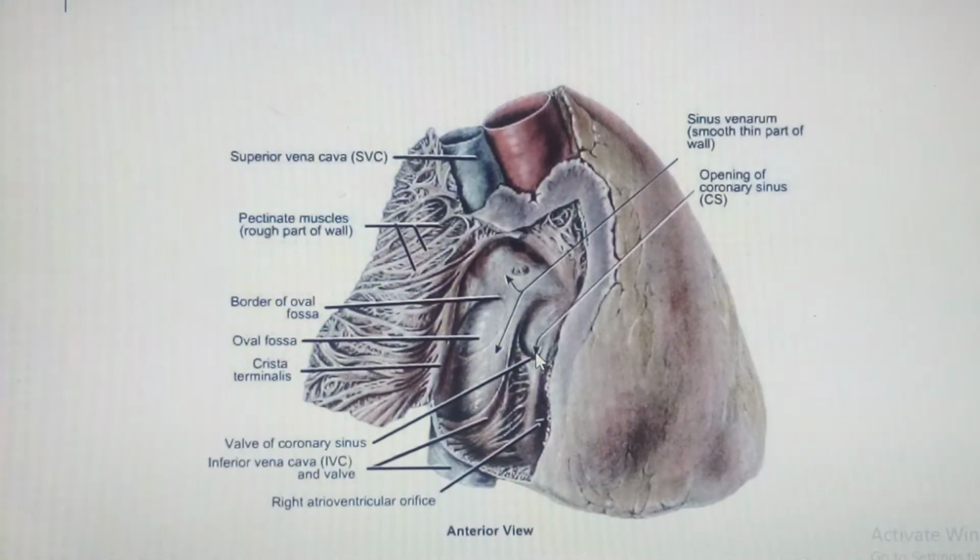You can see the opening of the coronary sinus, which drains into the right atrium, guarded by this valve, the Thebesian valve. The inferior vena cava is also here, and its valve is what we call the Eustachian valve. And then of course the superior vena cava also opens there. Essentially it is smooth. The fossa ovalis, which in fetal life was the foramen ovale.